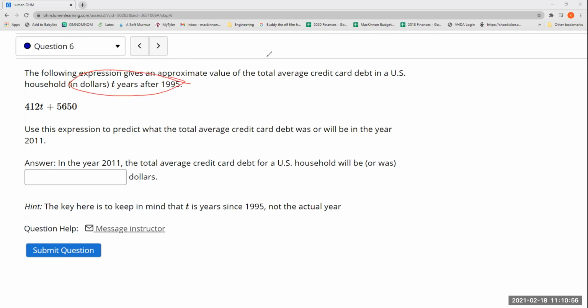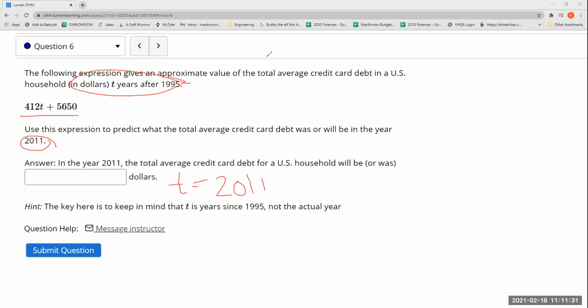The thing that's really important is to understand this: T years after 1995. This equation is going to tell us the total average credit card debt, and that's growing linearly, which is generous. We're going to find out what the average credit card debt was or will be in the year 2011. Here's what students are going to do that's going to be their mistake. They're going to say, oh, T is equal to 2011.